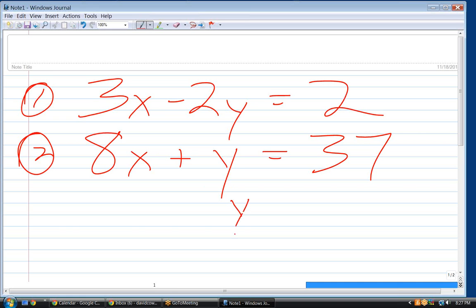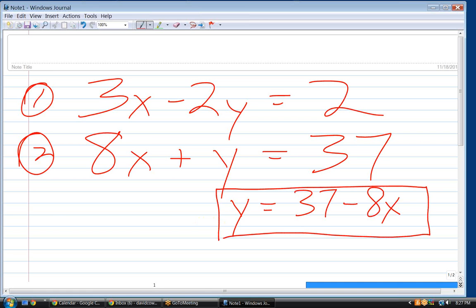Okay. So y equals 37 minus 8x, right? Okay. Now I have one equation completely defined in terms of one variable, and that's still equation 2. Okay. So take whatever y is equal to and substitute it for that y right there.